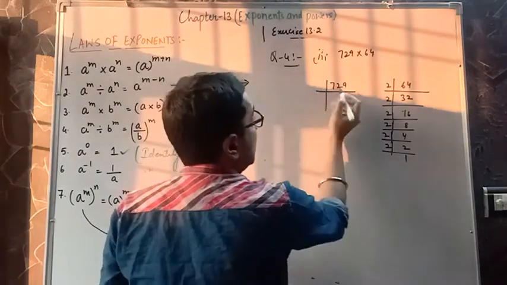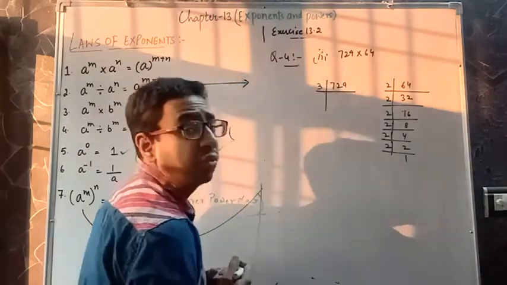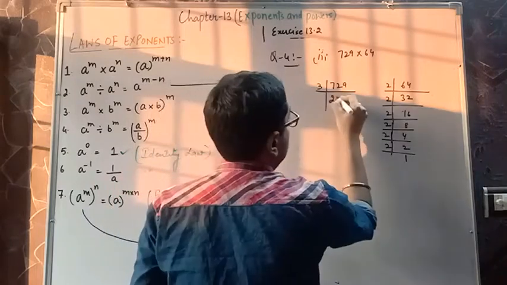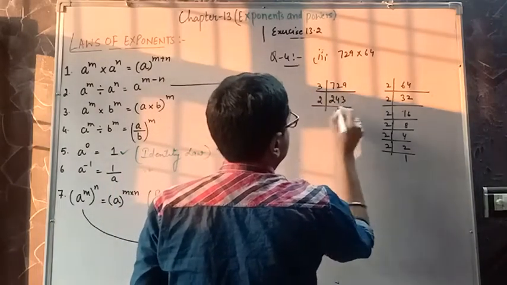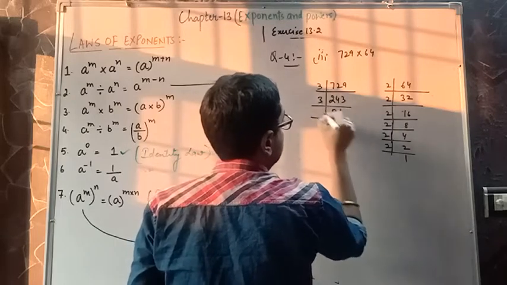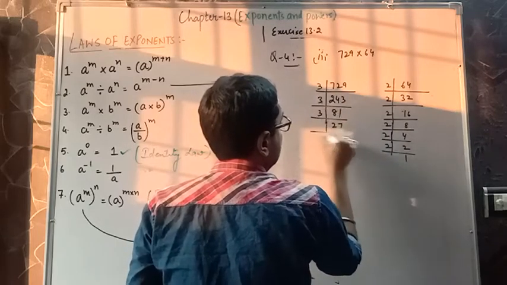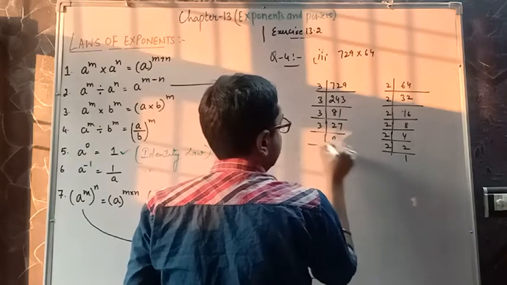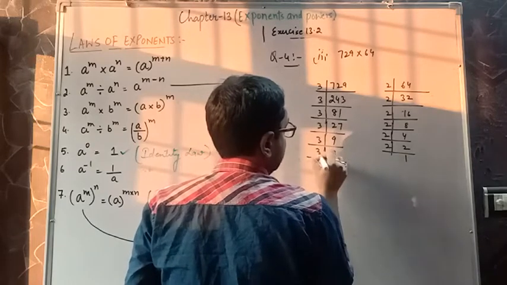Done. For 729, I can do it directly on the 3 table, because I know it's 243. Again I can do it on the 3 table, 81, again on the 3 table, I'll get 27. 3 9s are 27, 3 3s are 9, and 3 1s are 3.